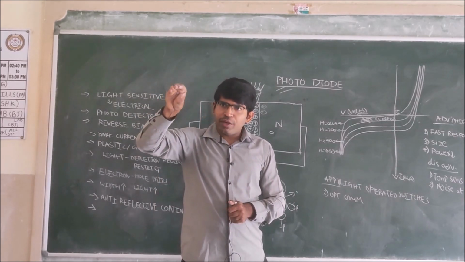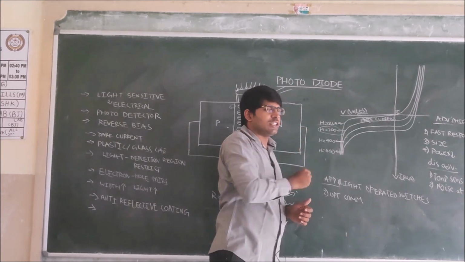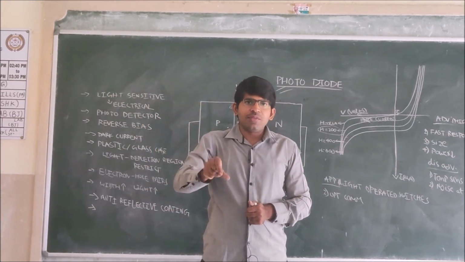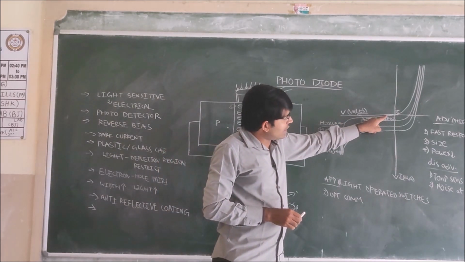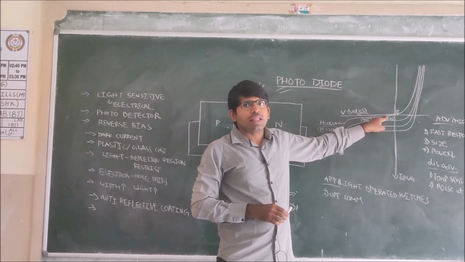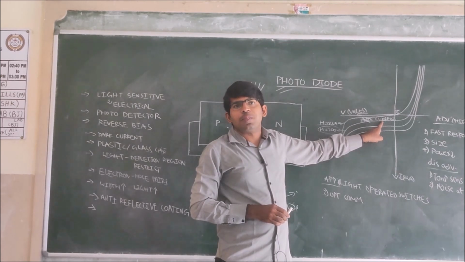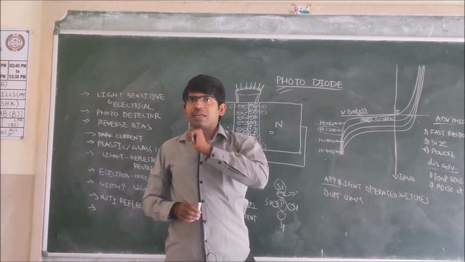Now we have given some light, that is H is equal to 200 lux, the light intensity we have supplied. Now you see the current compared to the graph without light: with light, the reverse current is increasing.